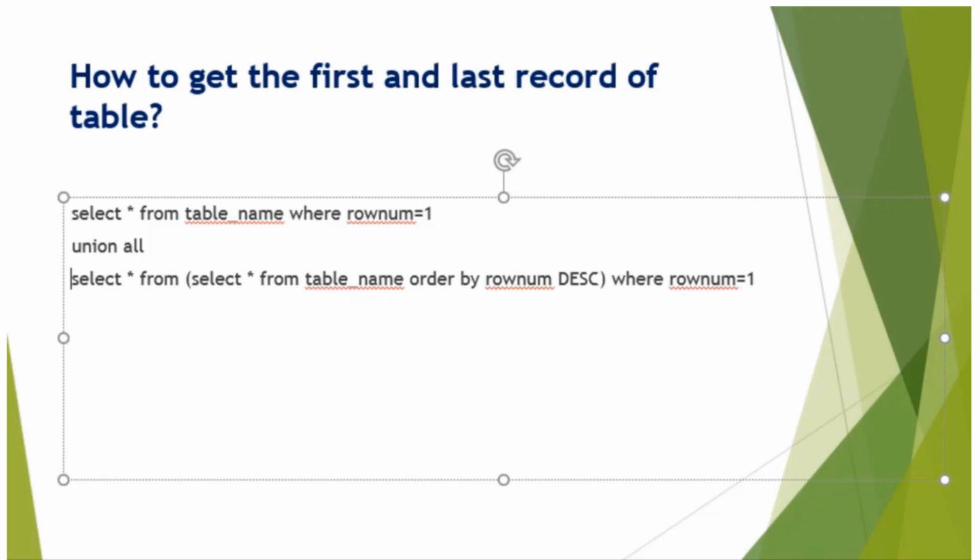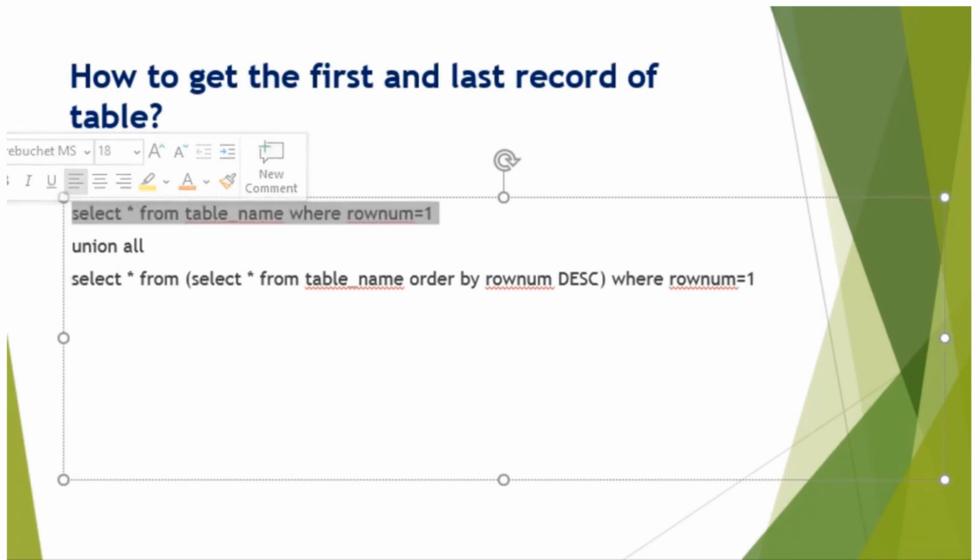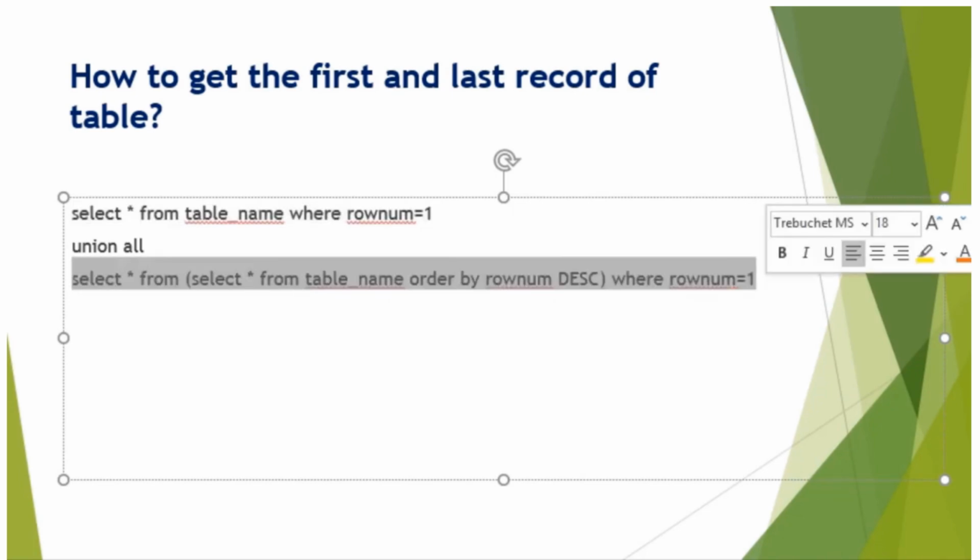But if we use UNION instead of UNION ALL, what it will do is take the result set of the first select statement and combine it with the second result set of records.